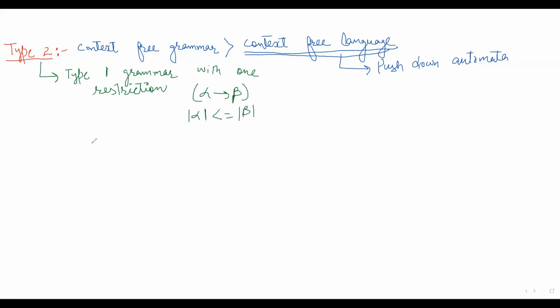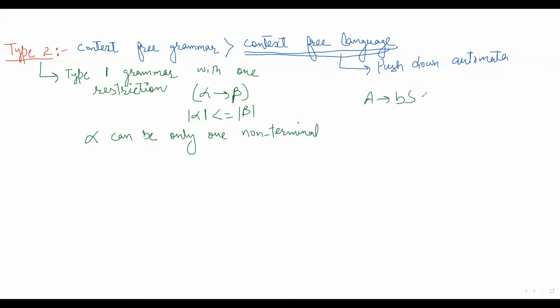The restriction is that this alpha can be only one non-terminal. For example, A gives BS.